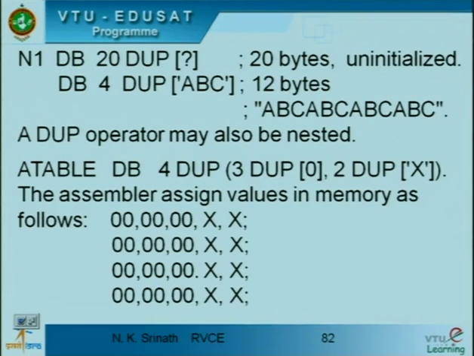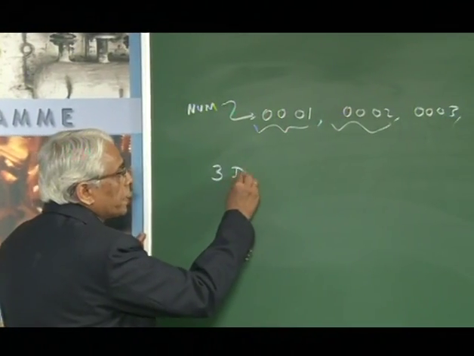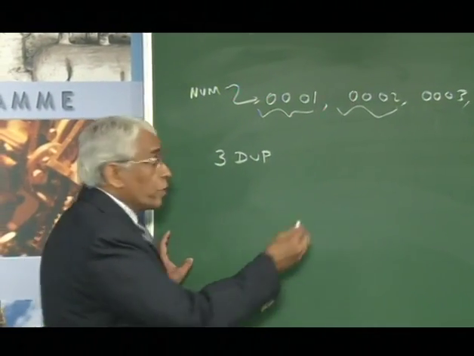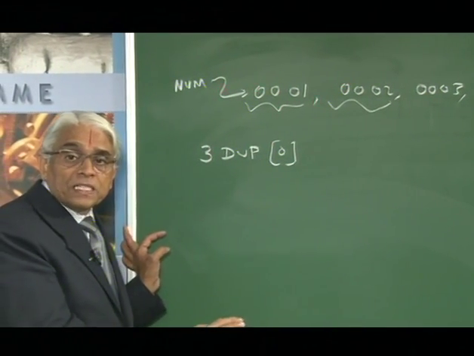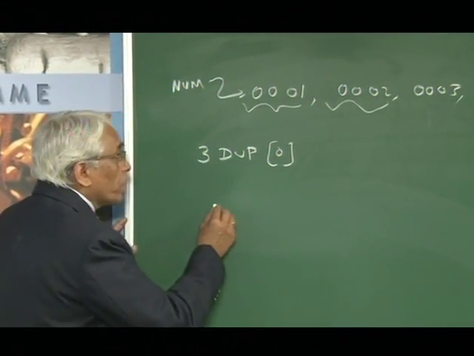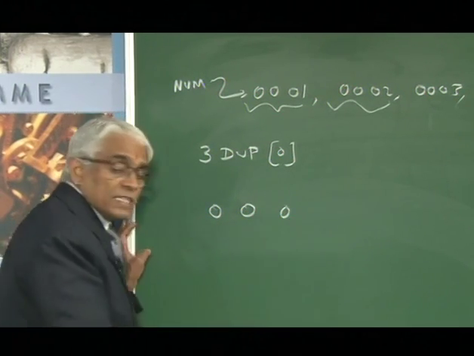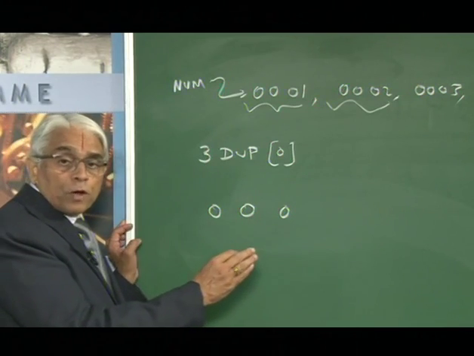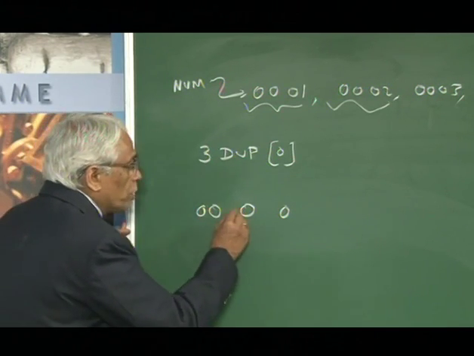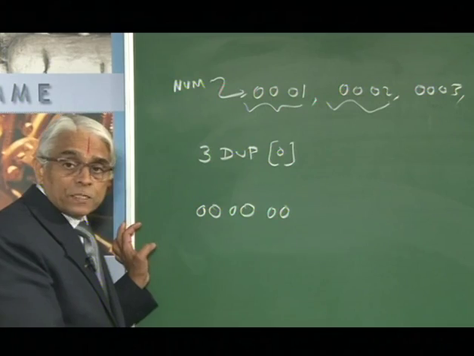When you say 3 dup 0, it basically means that you have to assign 3 memory locations as equal to 0. Each memory location is a byte, so it is going to store 2 digits like this.